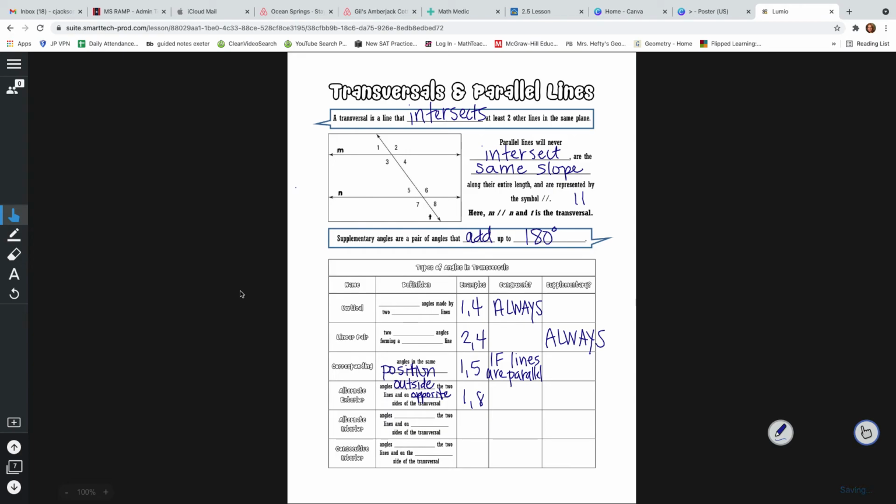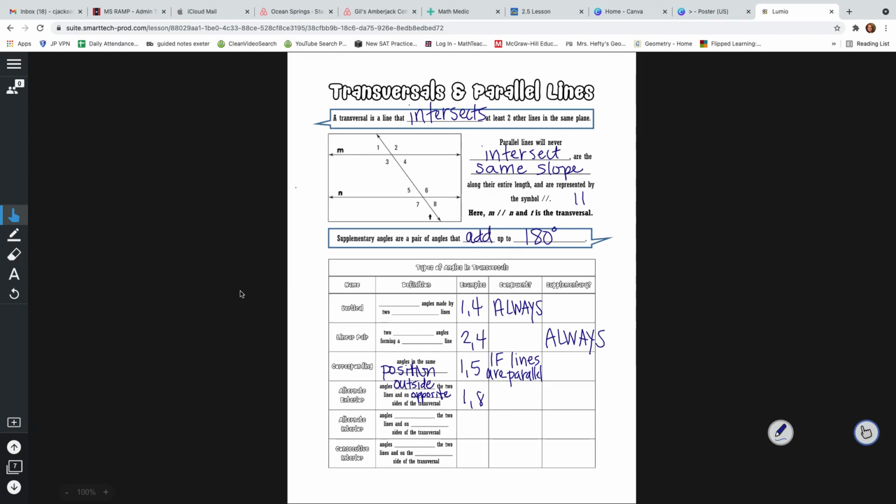If you look at the picture at the top, it's pretty much drawn to scale-ish. Some of those are obtuse and some are acute. Are 1 and 8 congruent or supplementary? Congruent. Always?